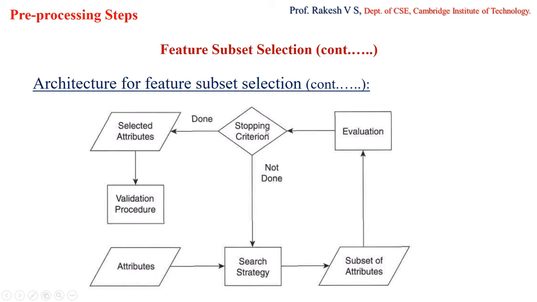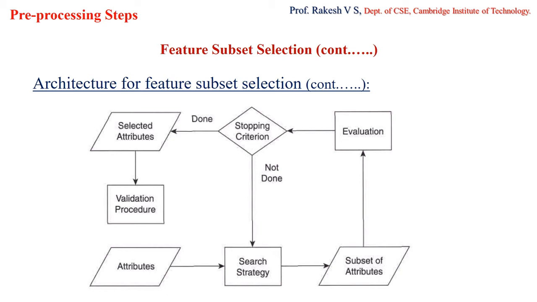If the stopping criteria is not met, then again the search strategy will be applied. So this process will keep on repeating. Once we reach the stopping criteria, which means that we will be having some selected subsets available with us, we will be performing the validation procedure using those selected subsets. So this is in simple how the feature subset selection will be done. So hope it is clear.